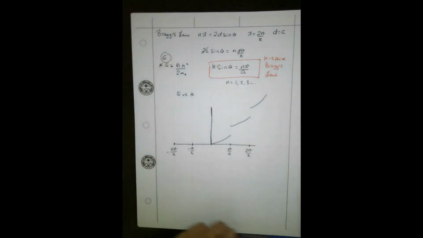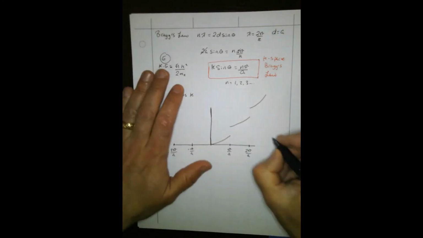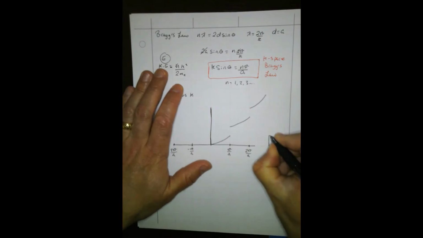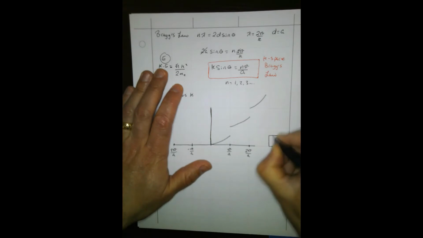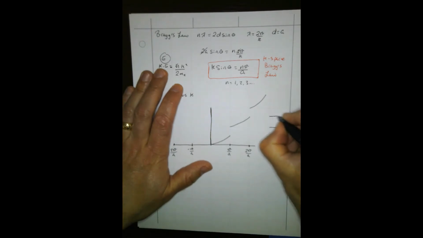These discontinuities are spots where electrons cannot exist, and we can make this into an energy band diagram.